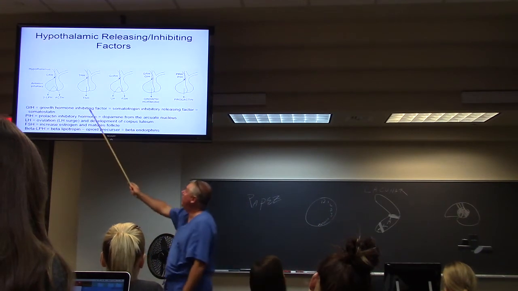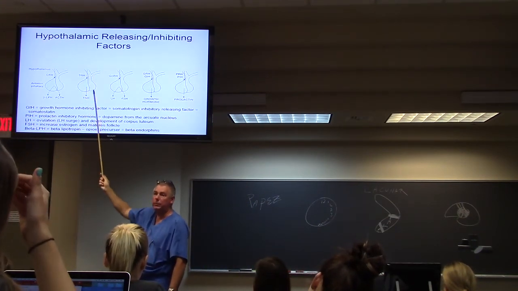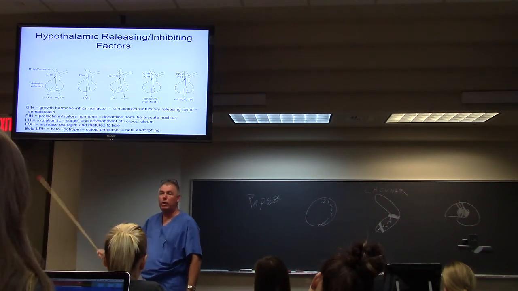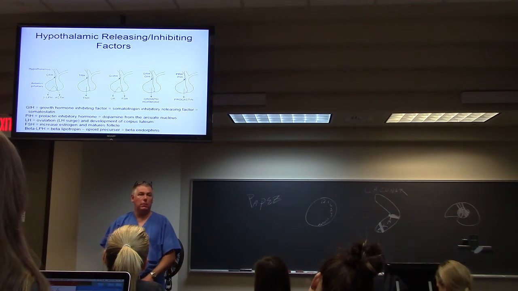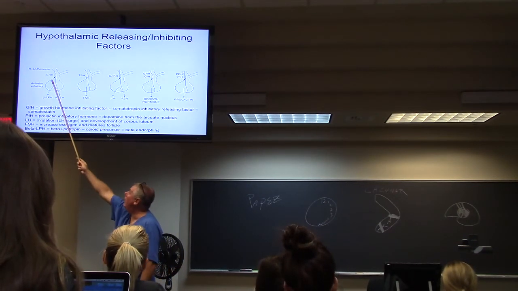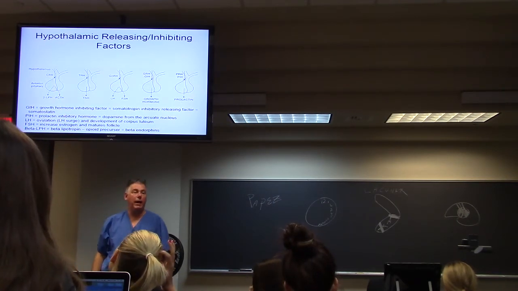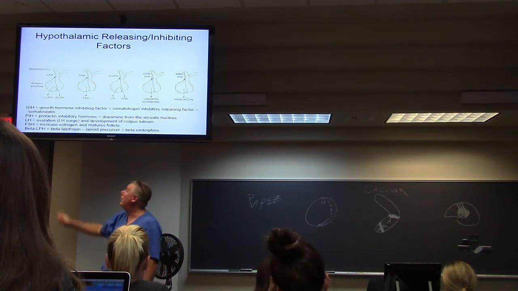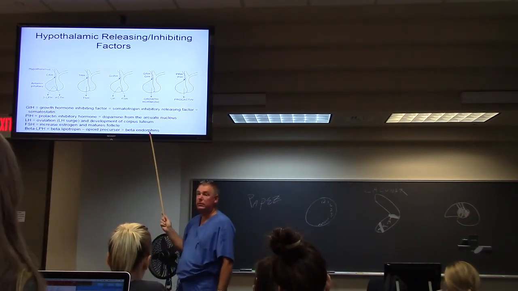Same way with thyroid. Thyrotropin releasing hormone stimulates the production of TSH. What turns it off? Free T3 and T4. The last one here is corticotropin releasing hormone, which stimulates the production of beta-lipotropin, which is here, which is a precursor to endorphins.